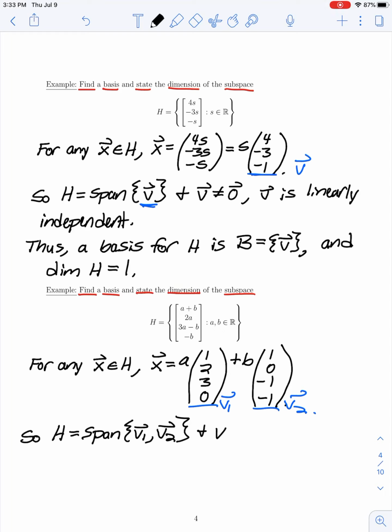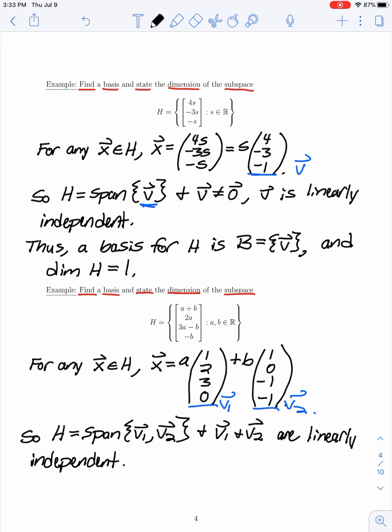And we can see by inspection here that v1 and v2 are clearly not multiples of each other. So v1 and v2 are linearly independent.